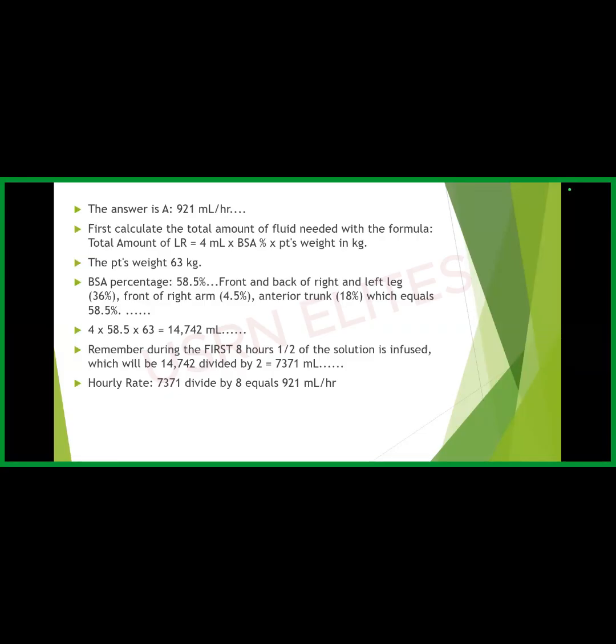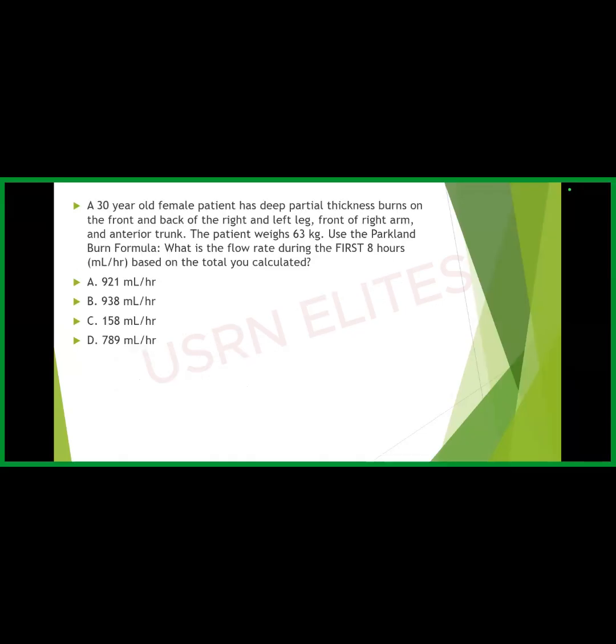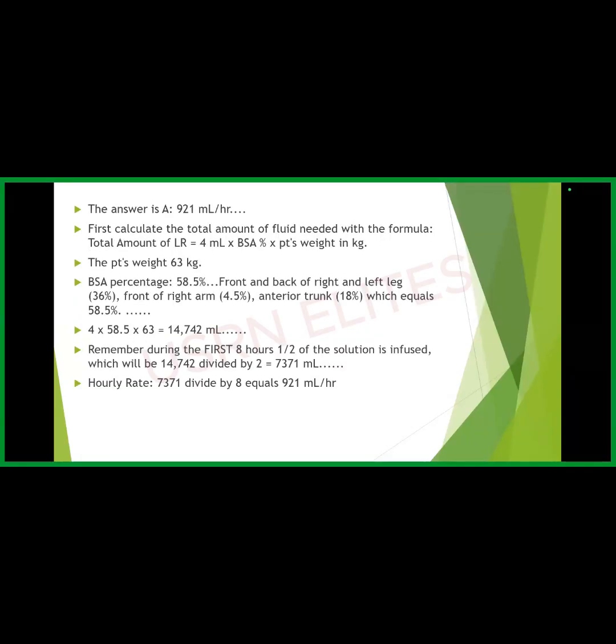So you first calculate the total burn surface area. You can do that one first before conversion of the weight in pounds. Even this one, the weight was already given in kilograms. So you have the patient weight to be 63.